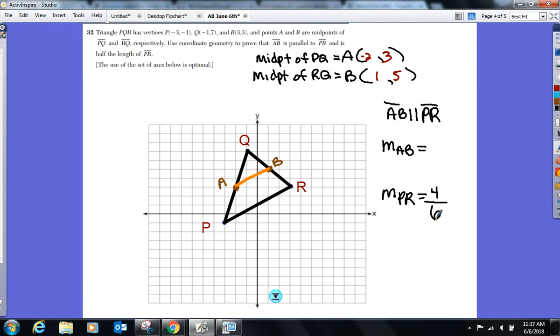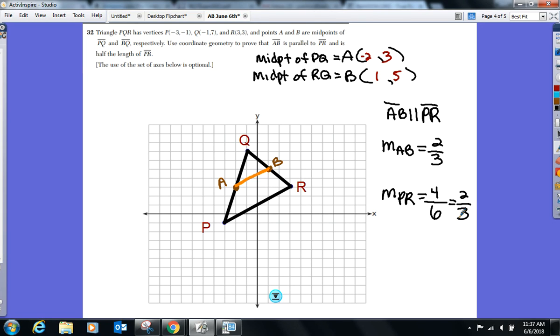Okay, and I give Maggie a hard time because, all right, reduce it if you need to. I don't know if anybody went into panic mode that it was 4/6 and not 2/3. All right, so just reduce it if you need to. They are both the same, but not good enough. Still got to.